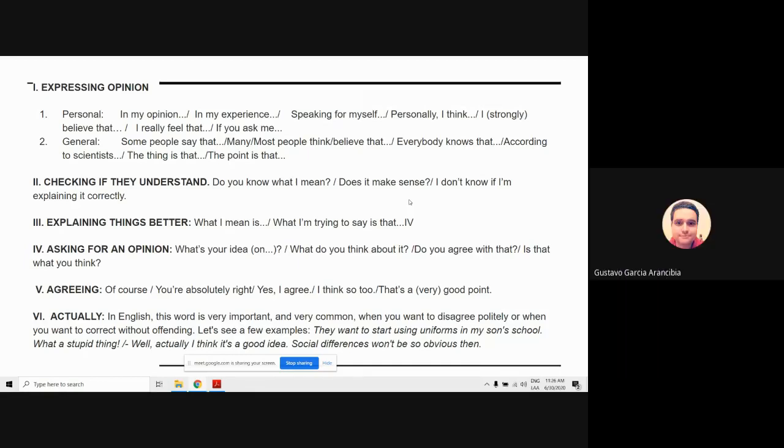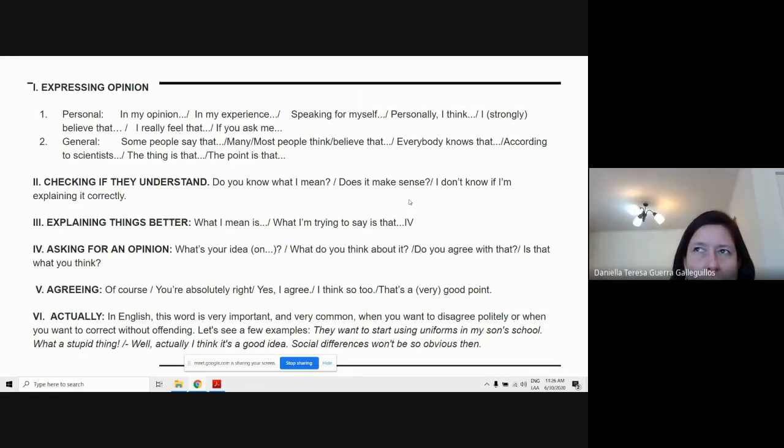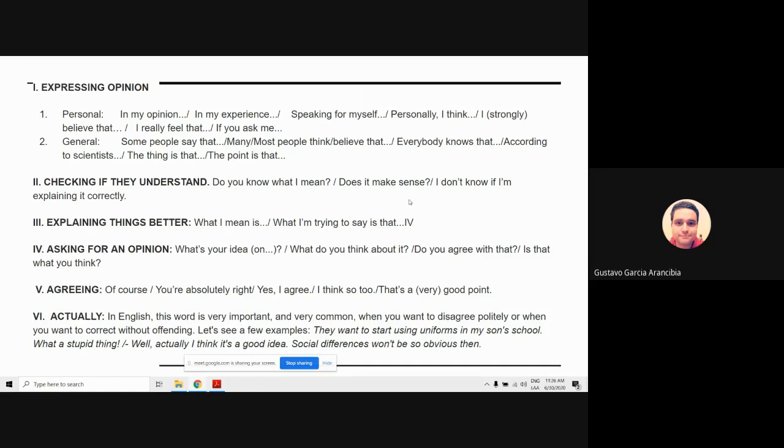Por ejemplo, si estoy con personas que tienen un cargo sobre el mío y necesito hablar con ellos, ocuparía esa, la que "I really feel that". Y la otra que también me gustó es "I think, no, perdón, that's a very good point".